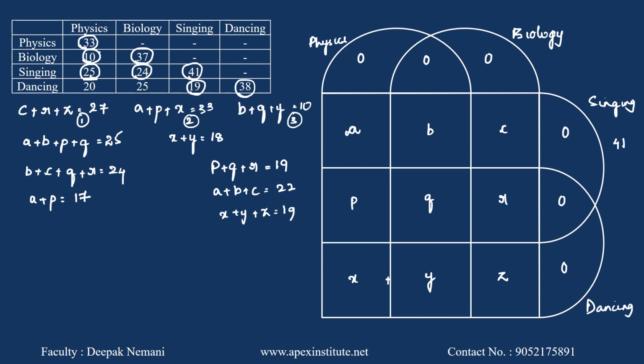Now coming to the number of teachers who teach physics and have a hobby dancing. So P plus Q plus X plus Y is given to be 20. Now we know that X plus Y is equal to 18. So P plus Q is equal to 2.